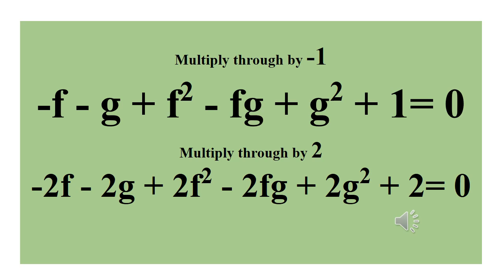Minus 1 times minus 1 will give us plus 1. So we have minus f minus g plus f squared minus fg plus g squared plus 1 equals 0.